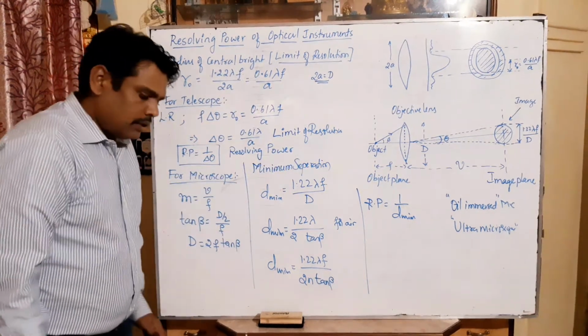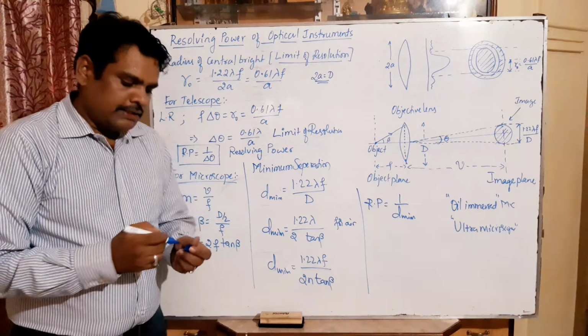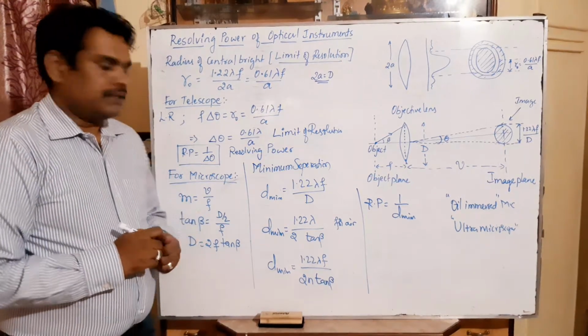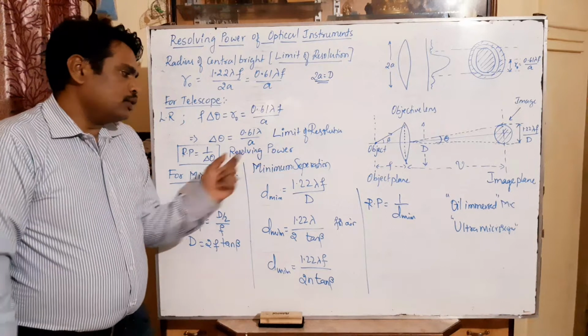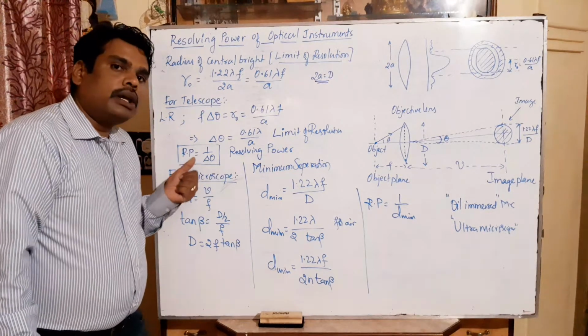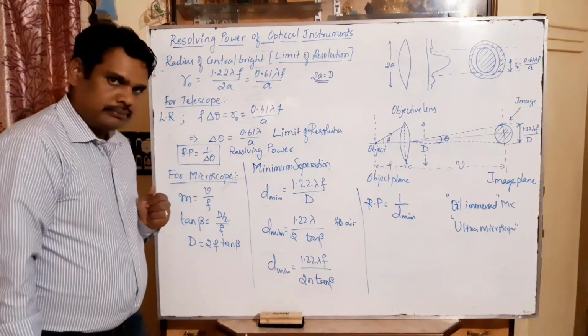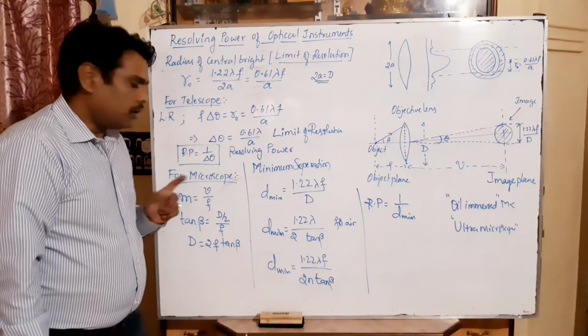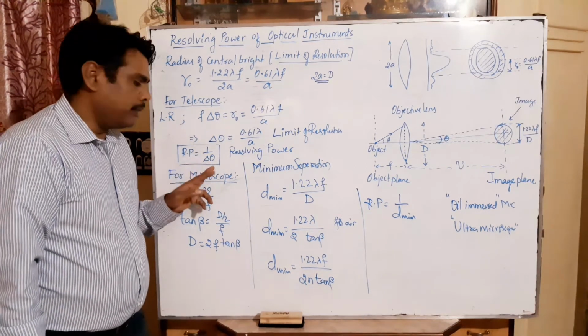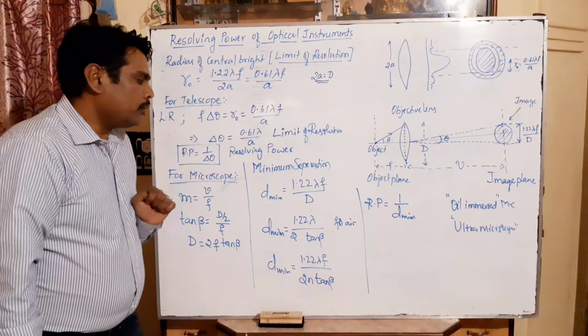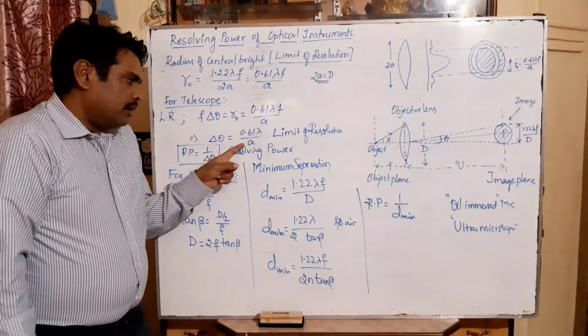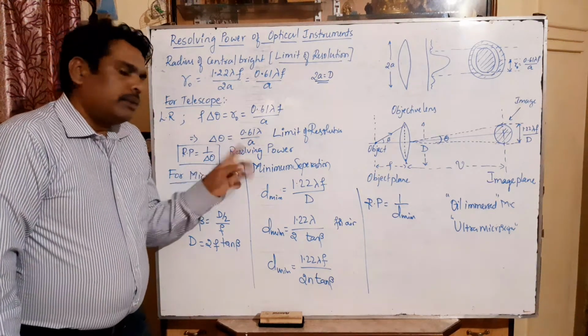If they ask to define resolving power of telescope, we can define like this: resolving power of telescope is defined as the reciprocal of limit of resolution, Rp is equal to 1 by delta theta. Then the formula is a in the numerator, 0.61 lambda in the denominator.